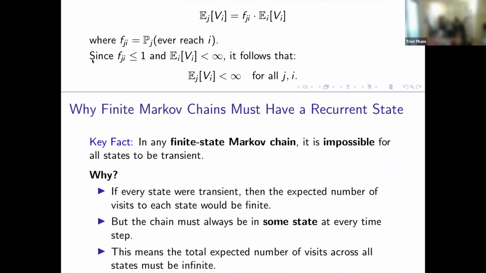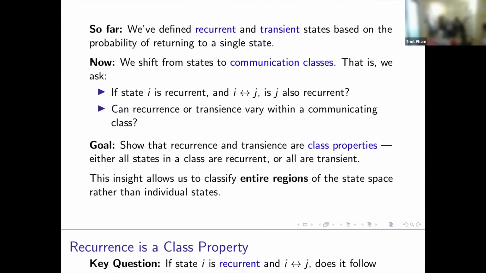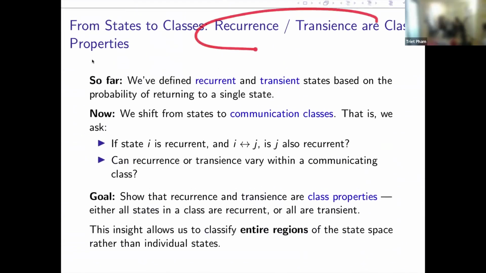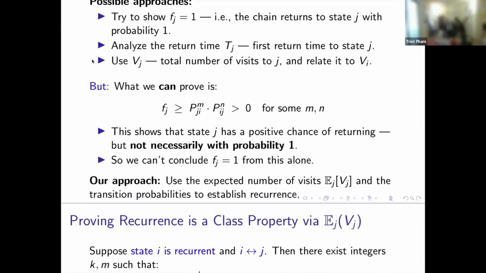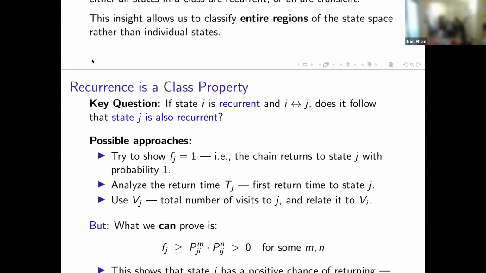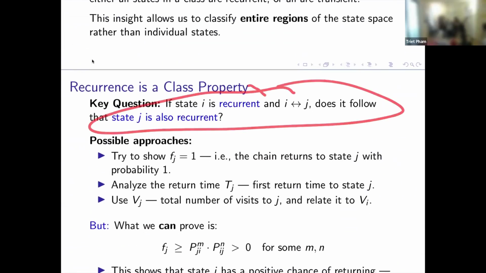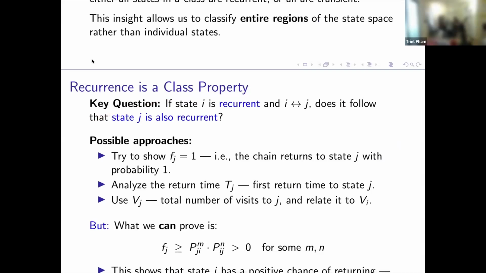Key point, for example, when we want to prove that recurrence or transience are class properties, this is one of those typical questions that you will see in the problem set as well. Prove something along the line that I recurrent, I communicates with J implies J recurrent.